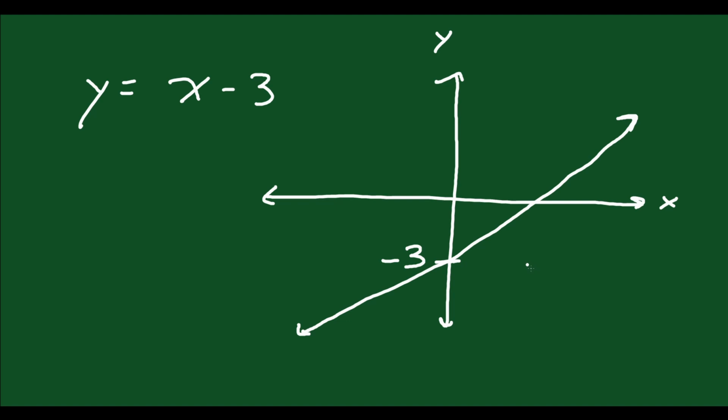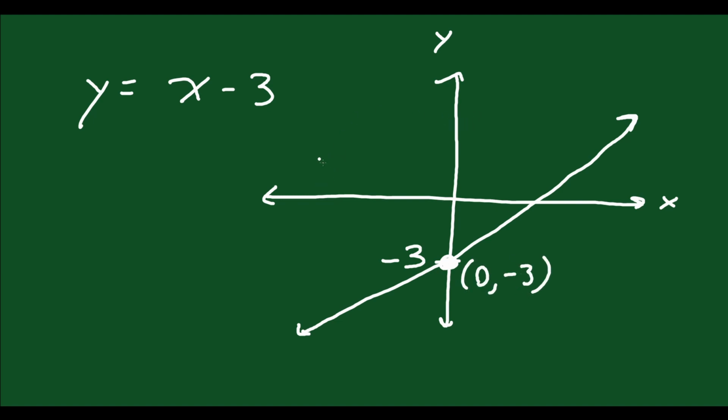And you could do a table of values and you could see how that works out. Another way to show that that's the y-intercept is by plugging in 0 for x, right? If you plug in any x value into this equation, it'll give you the corresponding y value. Well, the y-intercept, no matter where that y-intercept is, it'll have an x value of 0, right? Like this point here is (0, -3).